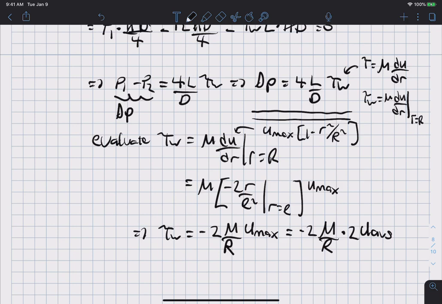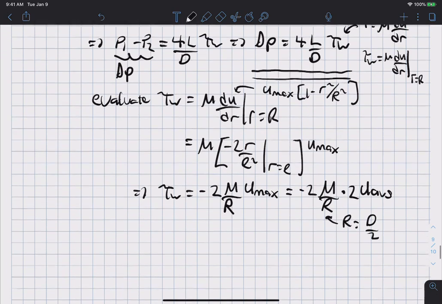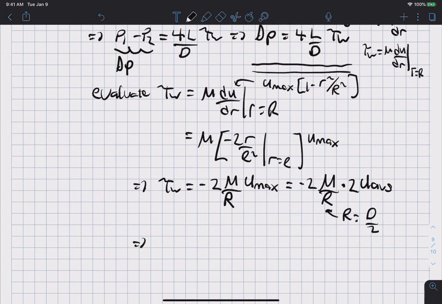And then I'm going to convert this r to d. R equals d over 2. So putting everything together, this implies that tau wall equals minus 8 mu over d times the average velocity in the channel, or in the pipe, I should say.